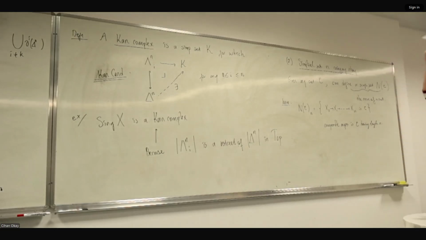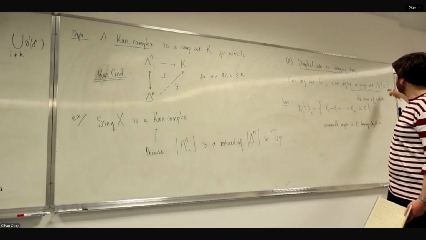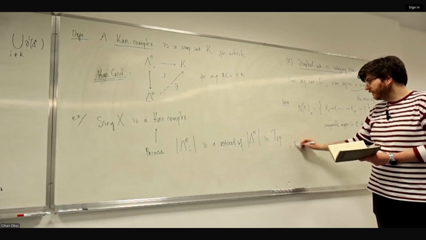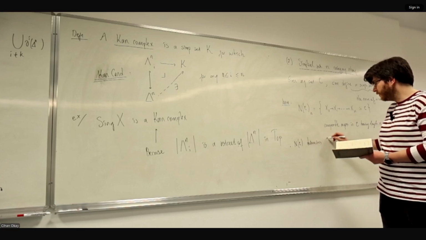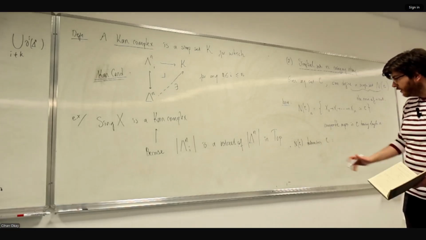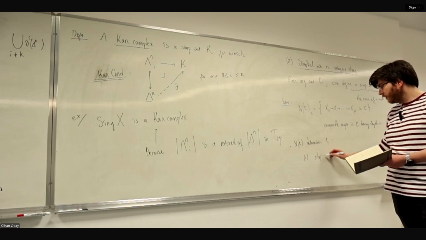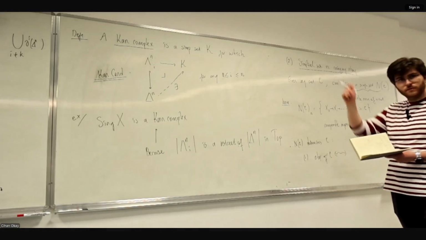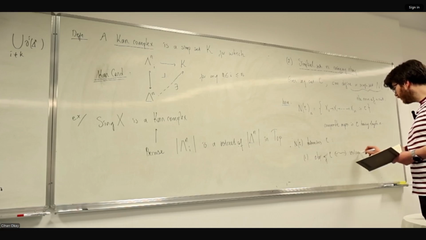Okay. And why is this thing important? Because by studying the nerve of a category, you can actually understand the category itself. The important remark: this nerve determines C. In what sense? First of all, let's look at the objects. The objects of C correspond to the vertices of NC.